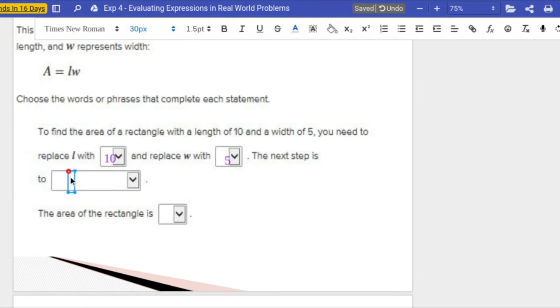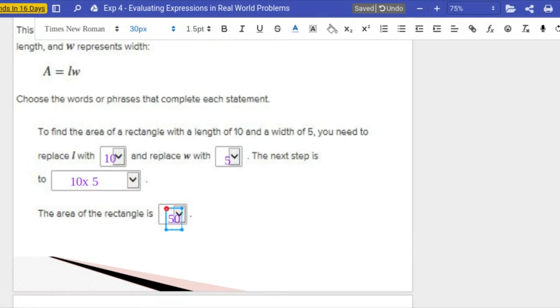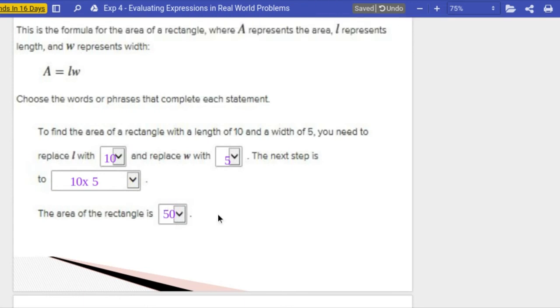Our next step is to multiply 10 times 5, which is equal to 50. So the area of the rectangle would be 50 square units.